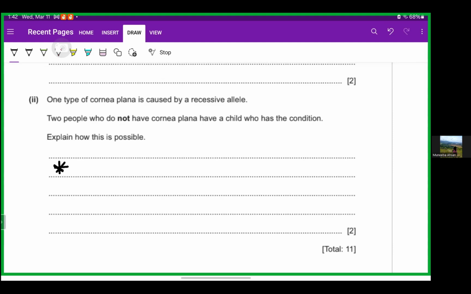It means that parents must be heterozygous for the condition.